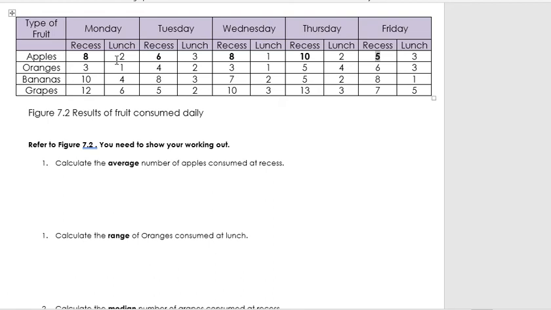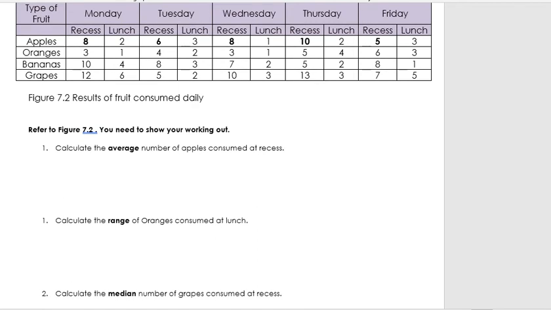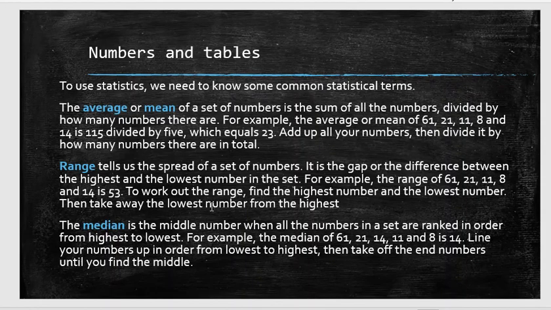Now once you've added all those up, you want to then divide that number by 5, because there are 5 total numbers, one for each day. So that's how you work out your average. You add up all the numbers and then you divide it by how many numbers there are.